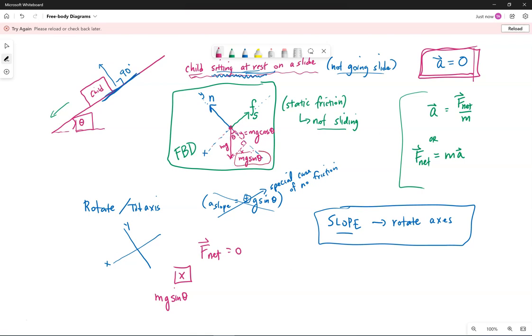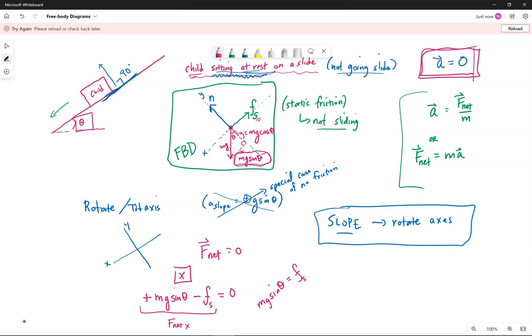We have this component of gravity pointing down the incline, which we're making positive. And then we have this friction force in the up the incline direction, so the opposite direction. So this represents the net force in this tilted axis in what we're calling our x direction. But because this child is not going to slide, this net force has to be 0. Which means that mg sine theta in this case needs to equal the static friction force.